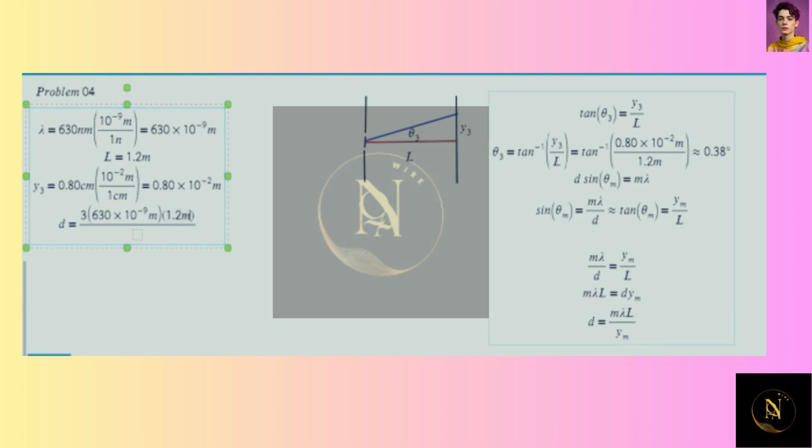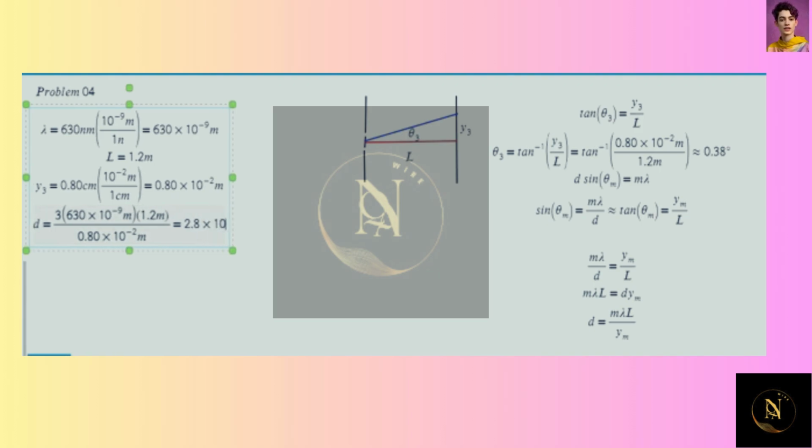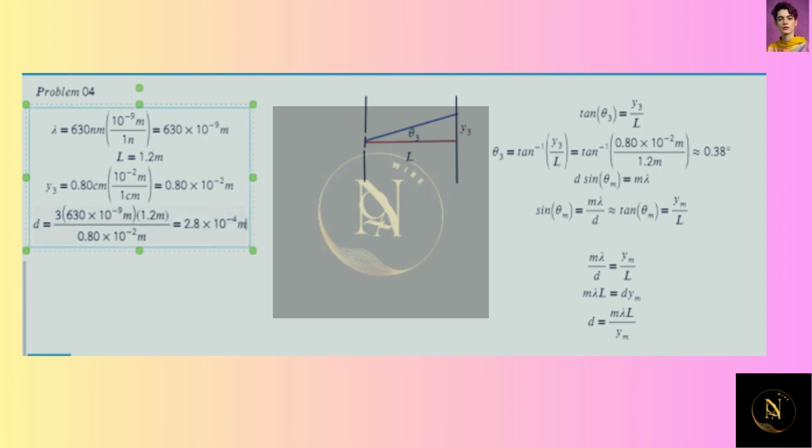And we're going to divide this by y sub m, which in this case m is 3. We're going to divide that by this quantity here. When we plug this into the calculator, let's see what we get for d. We get approximately 2.8 times 10 to the negative 4 meters.